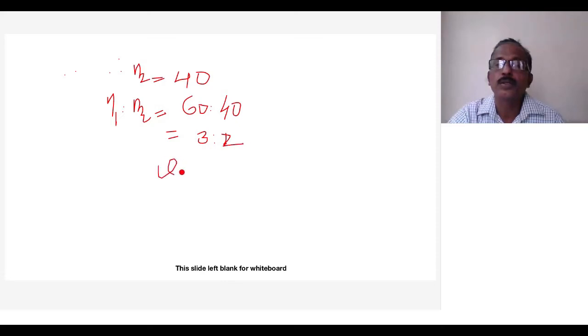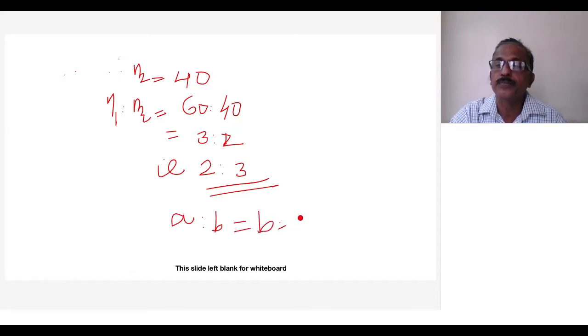That is 2 is to 3. This is the answer: 2 is to 3.